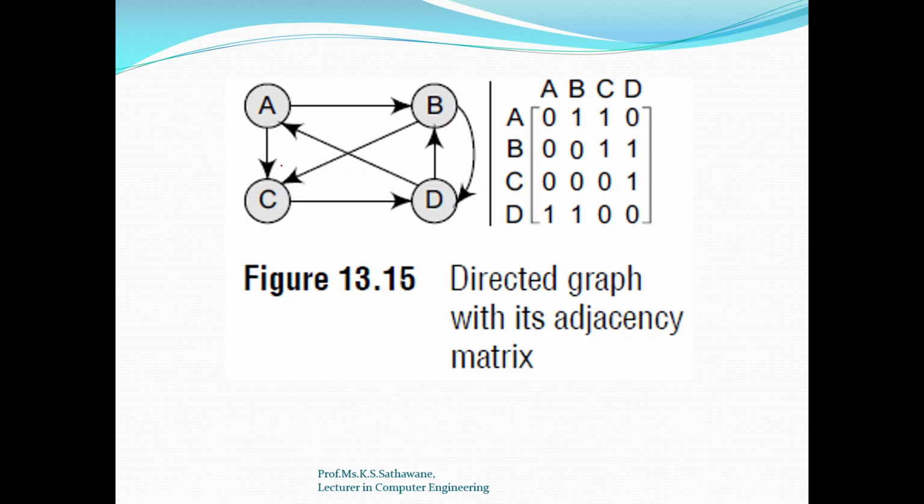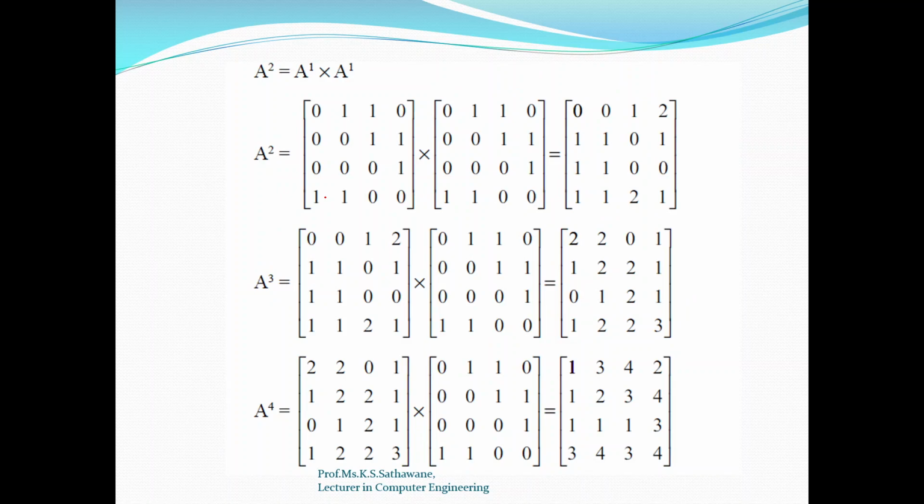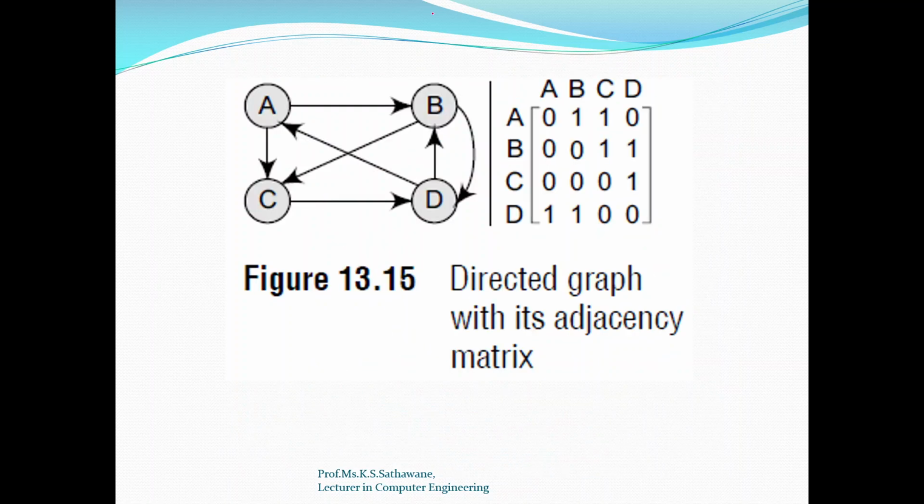Now, you know how to create an adjacency matrix from a directed graph, so you already have this adjacency matrix. This is A raised to 1, or you can simply call it A, because if there is a single edge between any two nodes, it is written as 1 in the corresponding adjacency matrix.